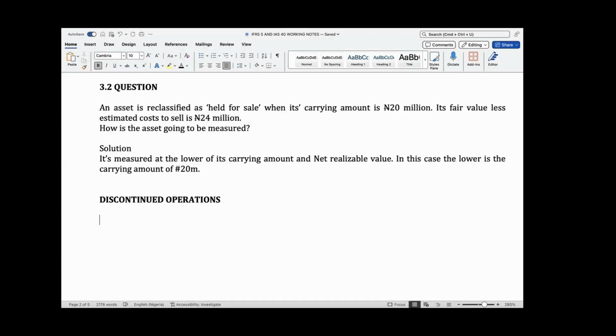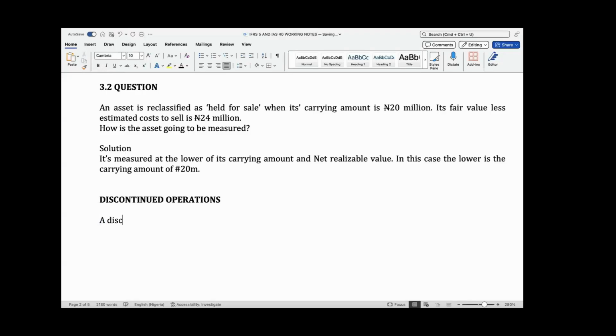And for those of you I started teaching group accounts yesterday, a discontinued operation can be a subsidiary. So that should open your mind to a discontinued operation being a company on its own or a branch of that company, but related to this reporting entity in question.